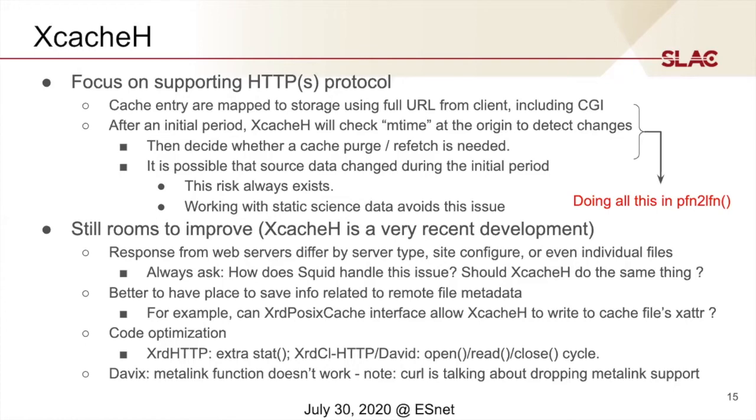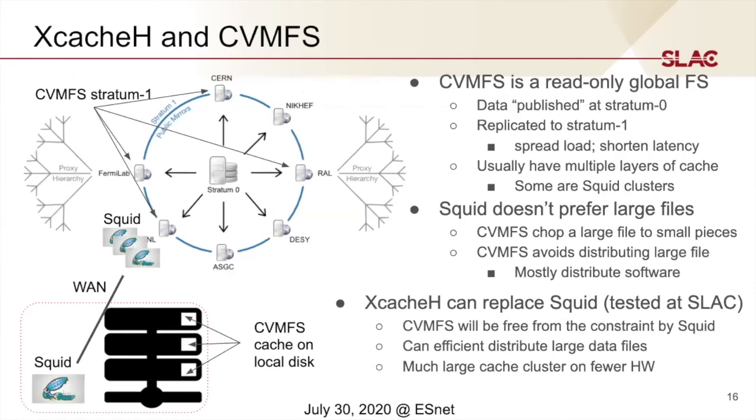We use that with CVMFS. CVMFS is probably another HTTP thing, but it's getting popular. It's a read-only global file system, mostly used by the LHC experiments to distribute software.